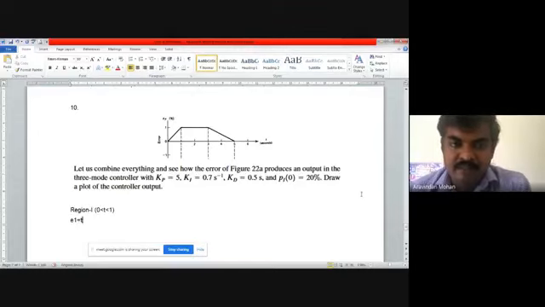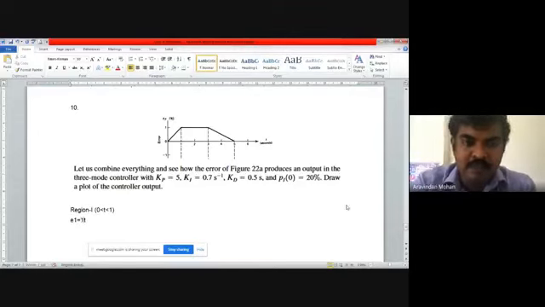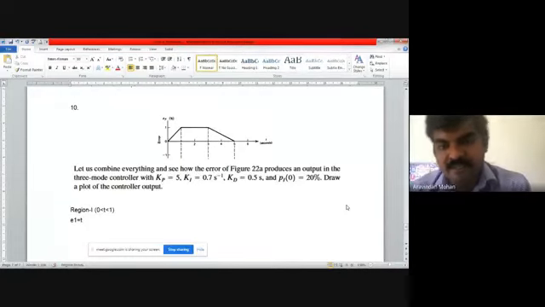We could put it as 1t, but since it is equal to 1, I'm simply putting it as t, because that value is called the slope value, that is the change in y-axis divided by the change in x-axis. Here both the change in x-axis and the change in y-axis are equal to 1.